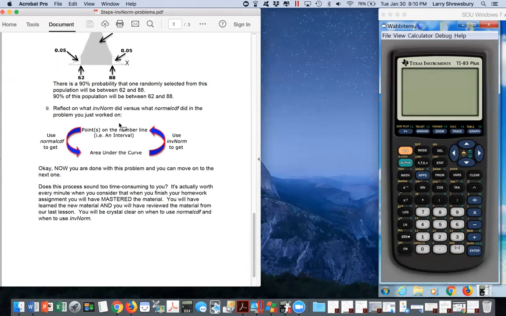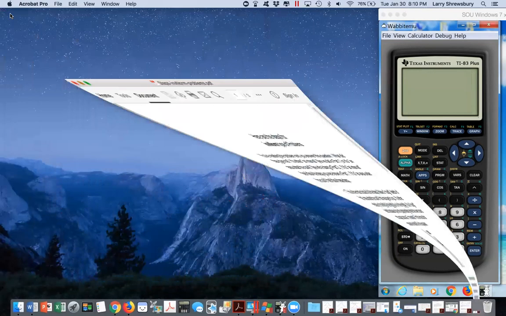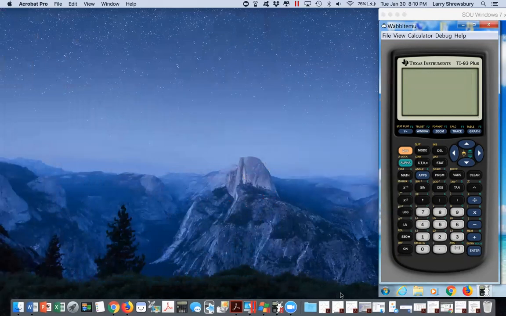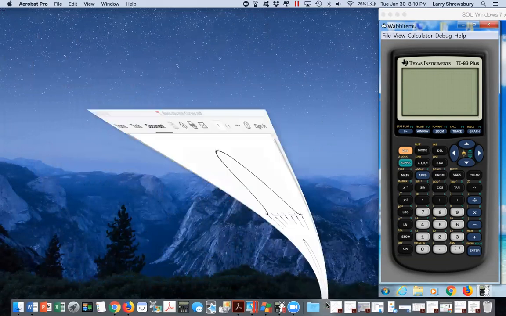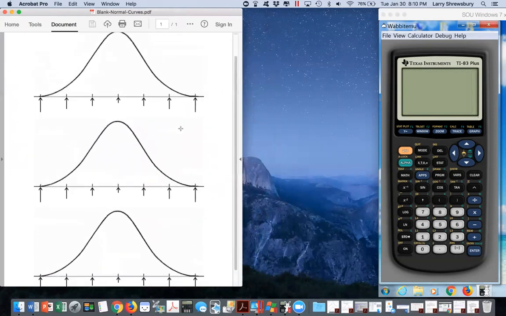So to keep this, remember, this is in your learning module. It's called, all the steps for using inverse norm. Also available, I got templates in there, so you could print these up, and you got 3 big normal curves.